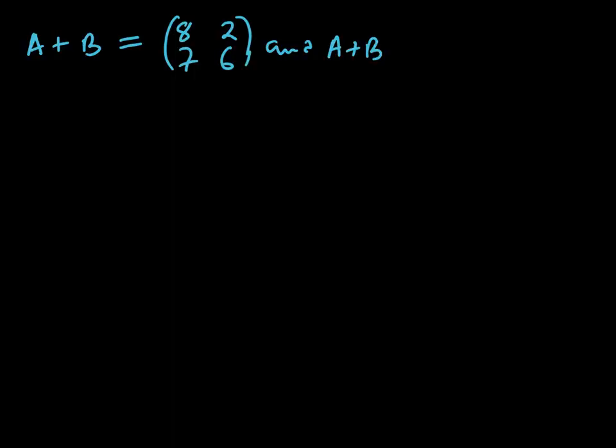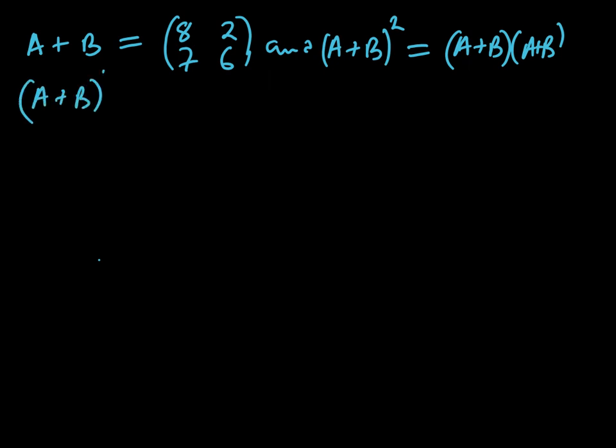So we need to understand the meaning of A plus B squared. A plus B squared means that A plus B is multiplied by itself. So that's what we need, A plus B into A plus B. So we take 8, 2, 7, 6 and multiply by 8, 2, 7, 6.